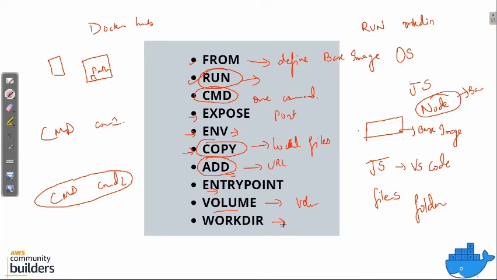Then WORKDIR defines the working directory for subsequent instructions in the Dockerfile. All the commands that we run will be executed in that working directory, that root folder, you can say. An important point to remember is that it doesn't create a new intermediate image layer.